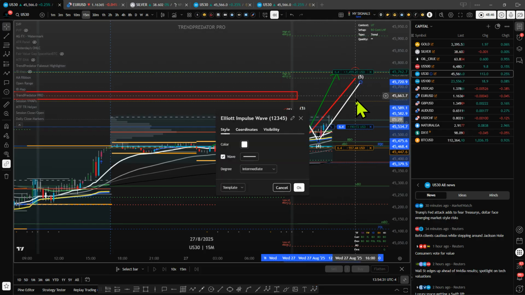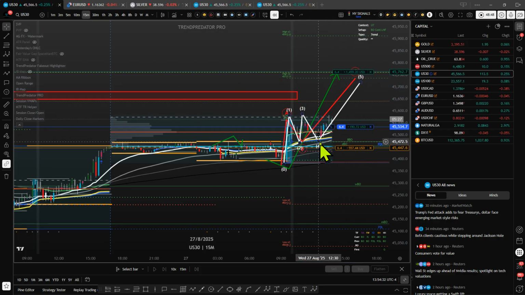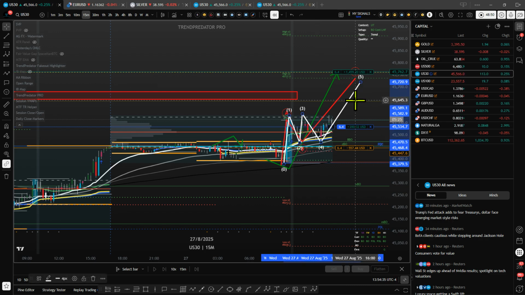All right, this could be the fifth wave that's about to play out through the range. There are variations of candlestick patterns that I look for, behaviors of price around the open, for which I trade. So the playbook is there. Go and get it, have a look at it.